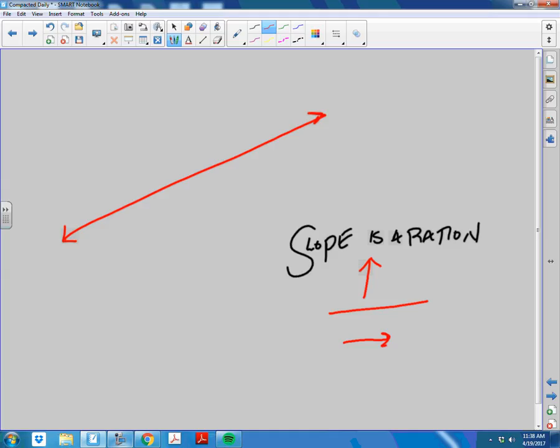You have to measure how fast a line is rising, and then measure how fast it is running from point to point, and then make that a fraction or a ratio. You'll hear it referred to as rise over run.